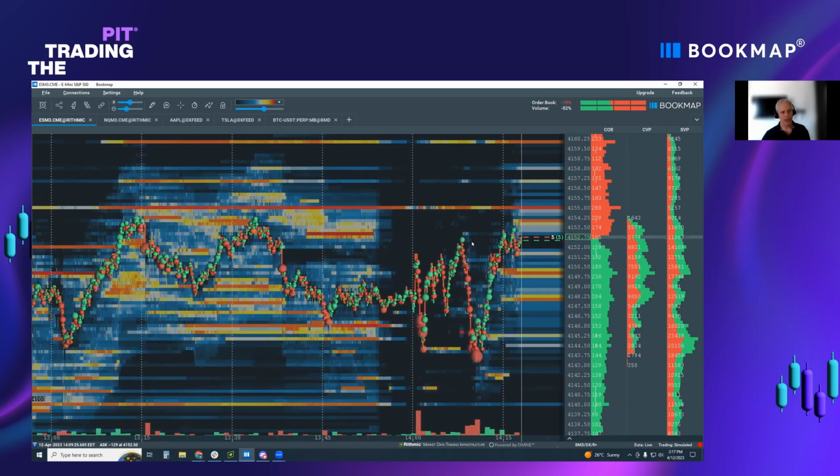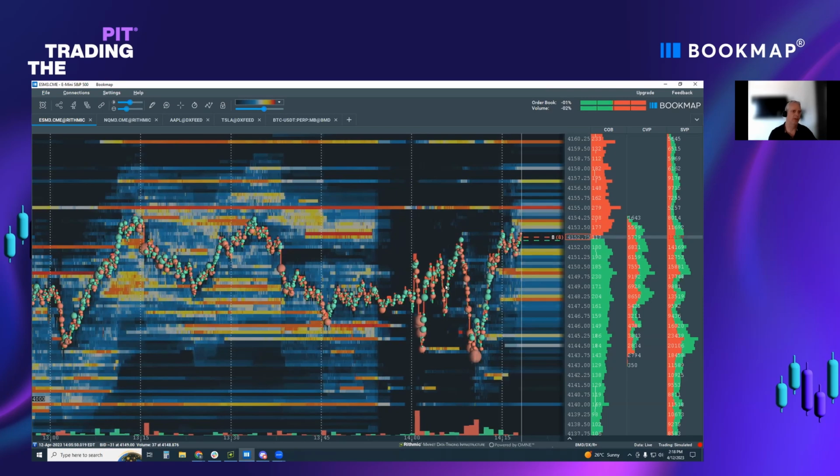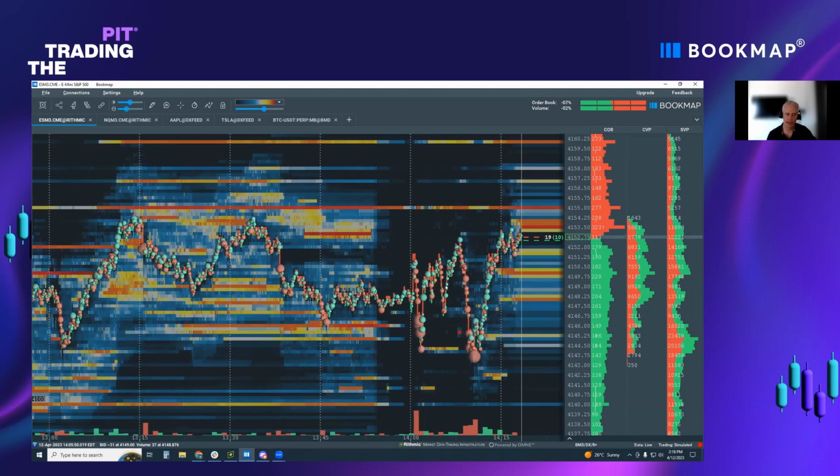So the lead education here is the foundation. That's what we're providing, so that we can offer other traders the ability to then understand that foundation and use it to trade all sorts of different styles.